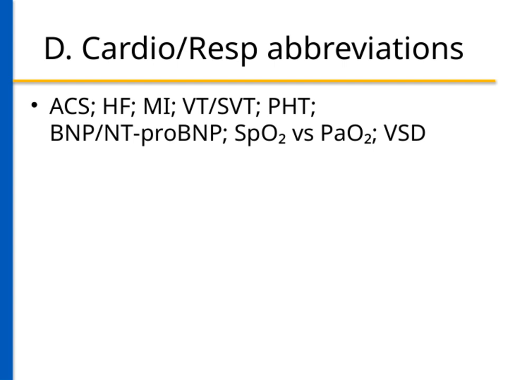SpO2 is the oxygen saturation measured by pulse oximetry, while PaO2 is the partial pressure of oxygen in arterial blood, giving us more detailed info about oxygenation status. Lastly, VSD stands for ventricular septal defect, a congenital heart defect involving a hole between the heart's ventricles. These abbreviations are essential tools for quick communication and understanding in clinical practice, especially when we're managing complex cardiorespiratory cases.